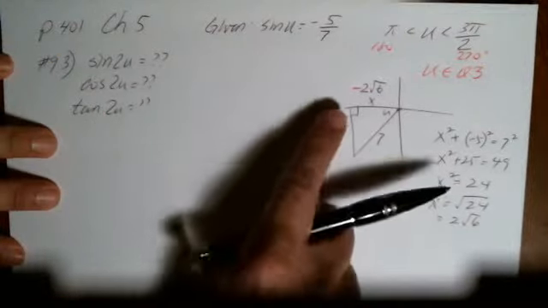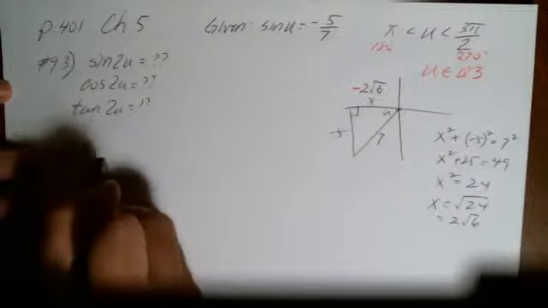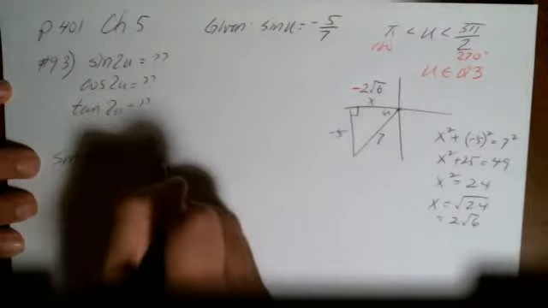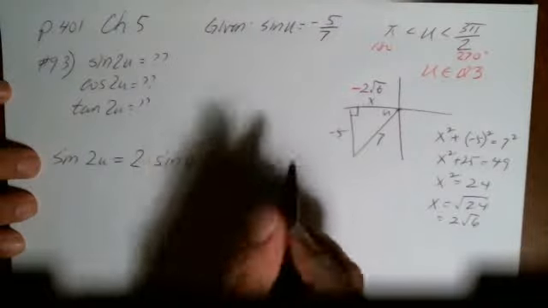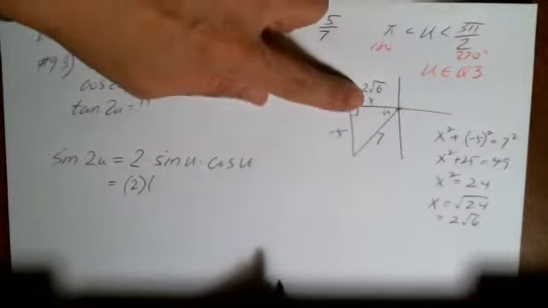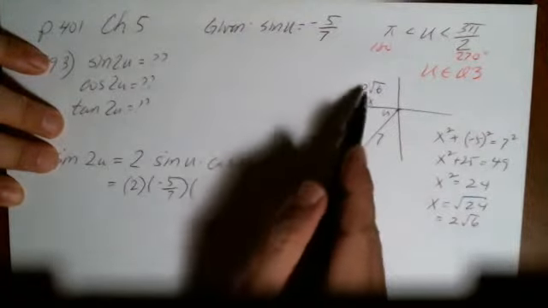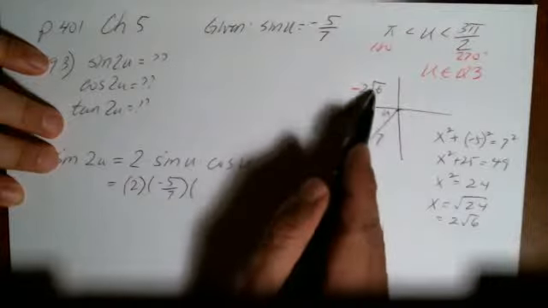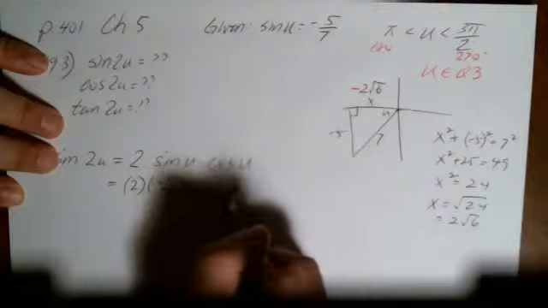Now, since we have that, we have to find the double angle for the sine. Sine of 2u is equal to 2 times sine of the angle times the cosine of that angle. That becomes 2 times the sine of that angle, which is -5 over 7, opposite over hypotenuse, times the cosine of that angle, adjacent over hypotenuse, -2 radical 6 over 7.